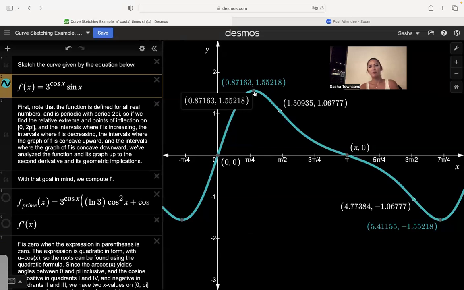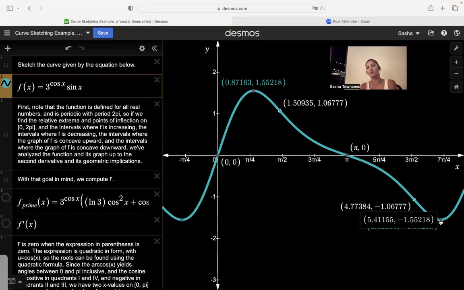Now, if we have the same reference angle, we could call that other angle 2 pi minus 0.87 to get that 4.77 number, this x value. Actually, I'm talking about the wrong quadratic form. I'm sorry. But basically, this x value and this x value correspond to the same reference angle. This is giving us a cosine of a particular value in quadrant 1. This is giving us a cosine of a particular value in quadrant 4.